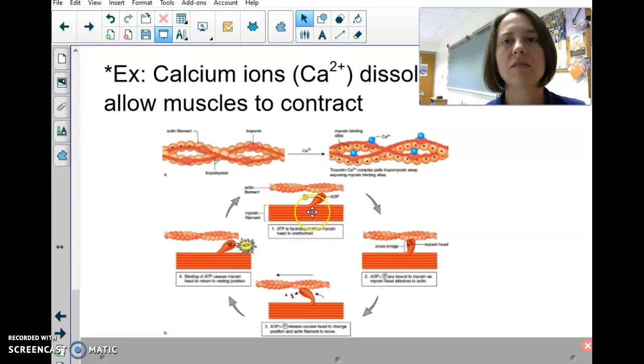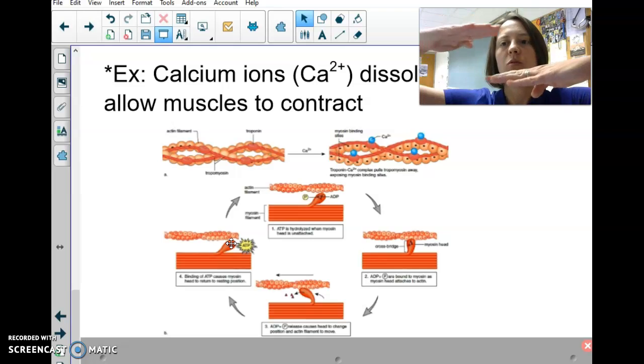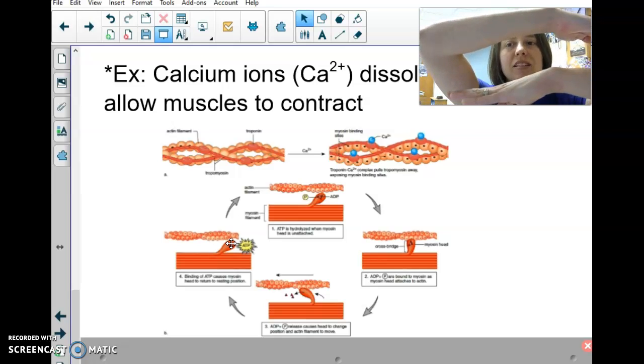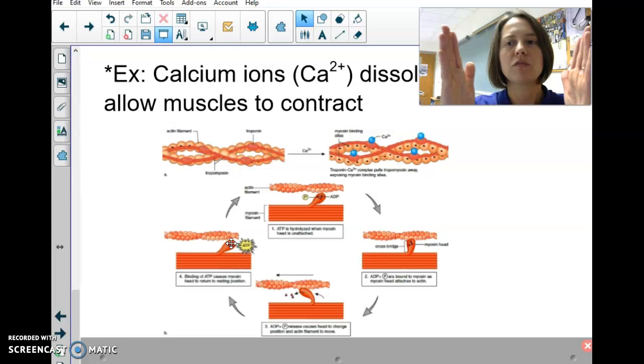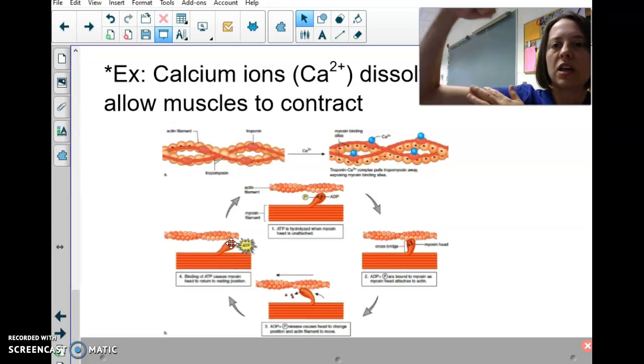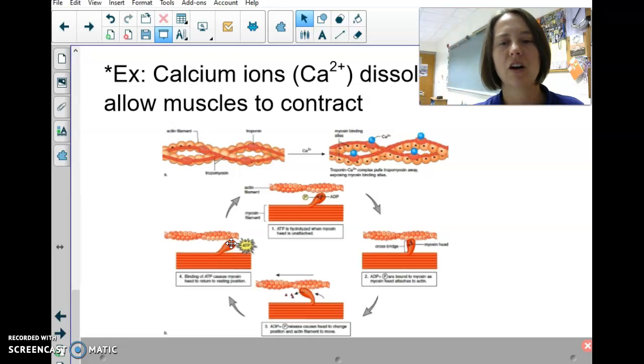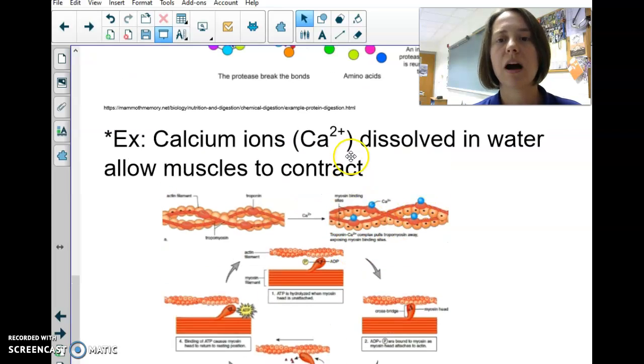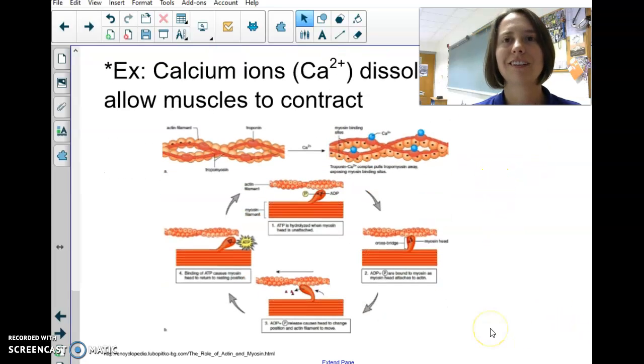Then those myosin fibers can come up and bind to the binding site on the actin, and it moves the actin and myosin past each other. Then that muscle fiber shortens, all your muscle fibers shorten, and your muscle contracts, and that's how you contract a muscle and move anything in your body. That is because you have calcium ions dissolved in water. So it is good that we have water in our bodies.